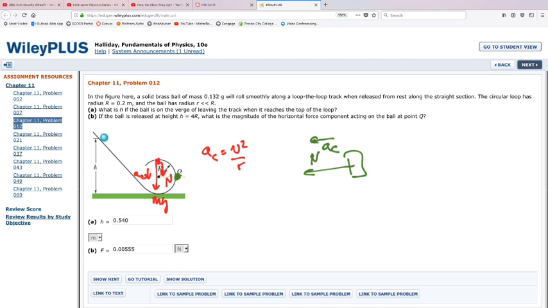Towards the center. What does Newton's second law have to say about that? It's the only force pointing in the horizontal right there. Is there gravity? Yes, but is that in the horizontal? No, so I'm not going to worry about it. This gravity right there is causing tangential acceleration. But what's causing the centripetal acceleration?